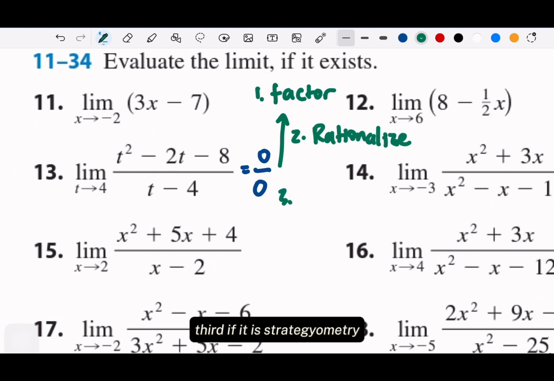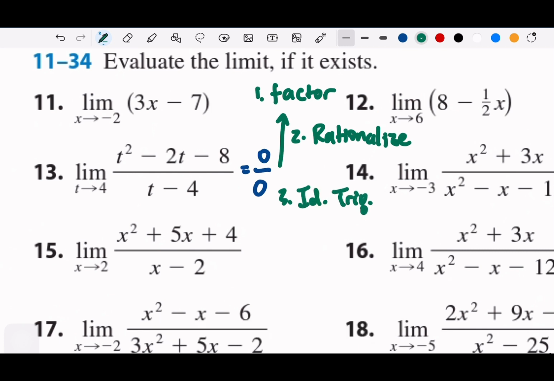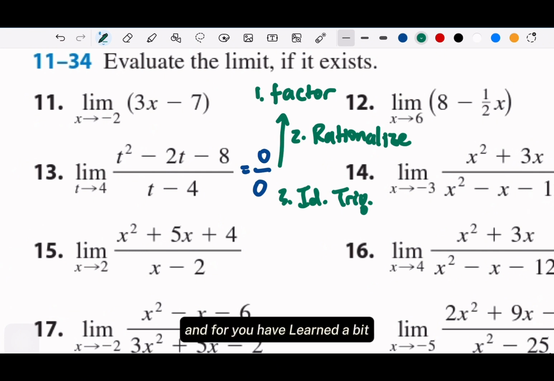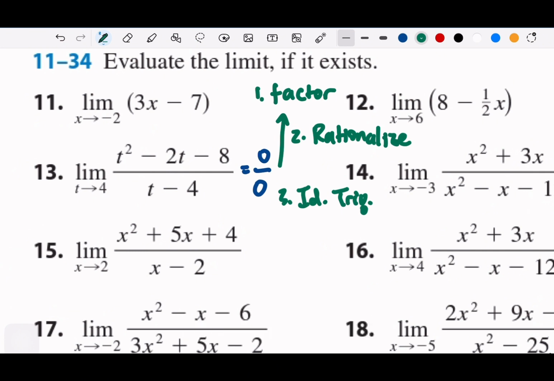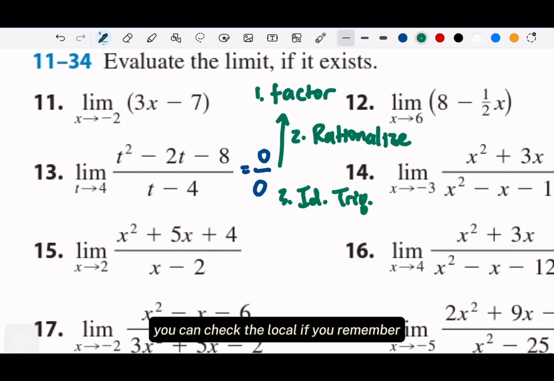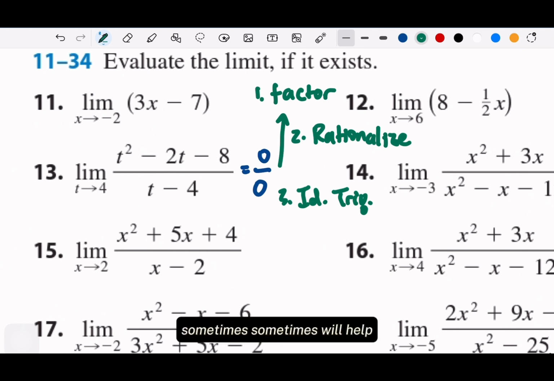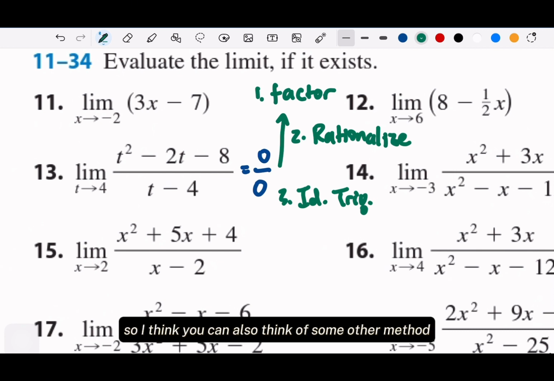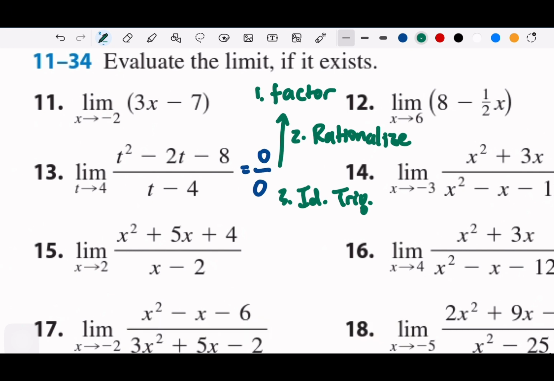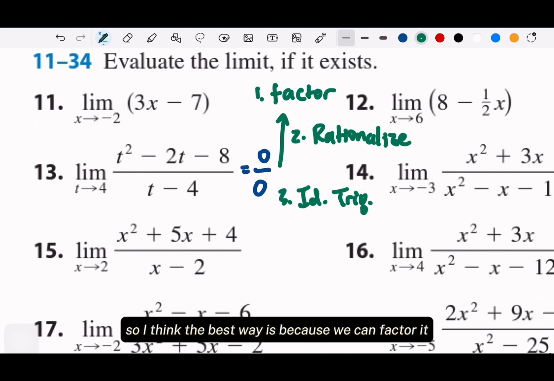Third, if it is trigonometry, think of trigonometric identities. And fourth, you have learned the derivative, so you can check L'Hopital's rule, if you remember. Sometimes L'Hopital's rule helps, sometimes maybe it makes it complicated. So I think you can also think of some other methods, okay?